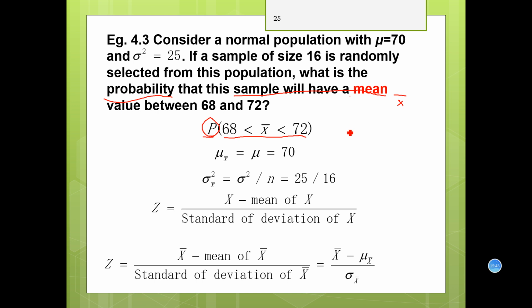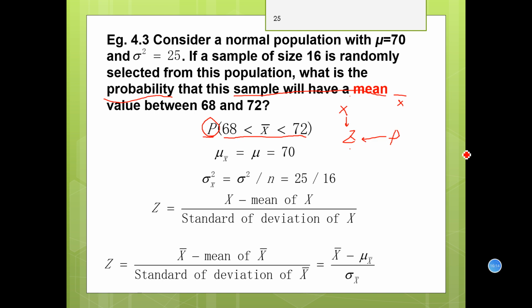It's based on a standard normal distribution. So that means it follows a z distribution. So if we can change x into z value, we can use table A1 to get the probability for this z value.